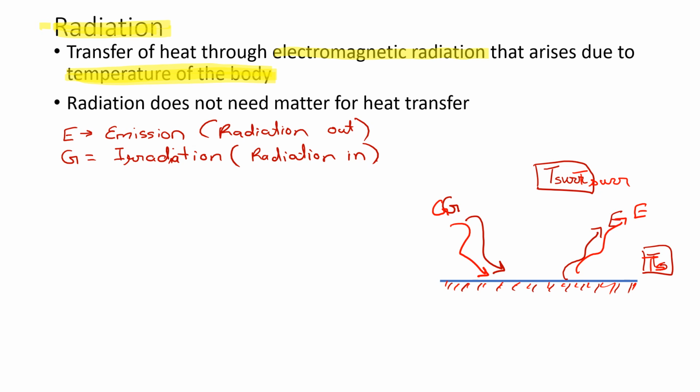So let's define each of them. Let's take emission first. So let's see how we can calculate emission. Your radiation out will be epsilon times sigma into Ts to the power 4. So your emission or radiation out is proportional to the fourth power of temperature. Now what is epsilon? Epsilon is a non-dimensional quantity, and it's called emissivity. It's usually 1 for a black body.